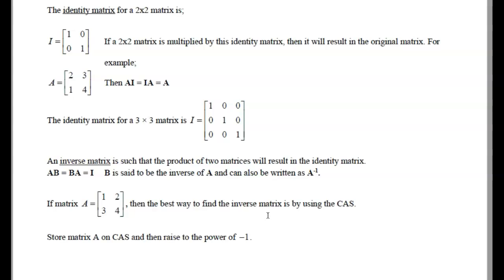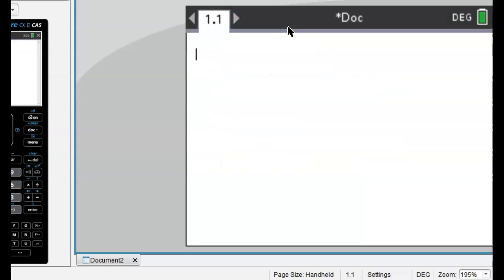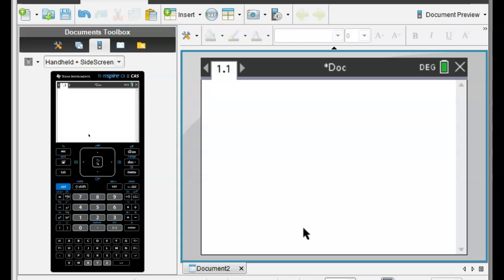Now, at this point, you don't need to know how to calculate the inverse matrix because you can do it easily in your calculator. So I'm just going to bring the calculator up here. All right, and let's put in a matrix. Sorry, I didn't realize when I did my screen that everything wasn't going to fit in.